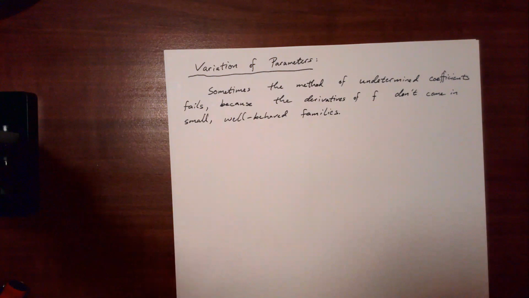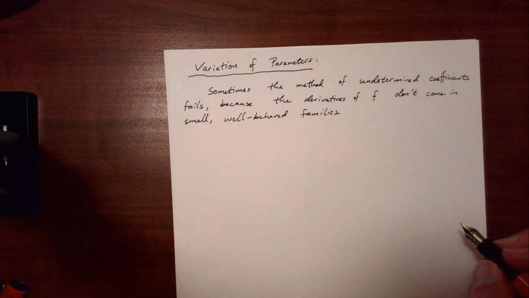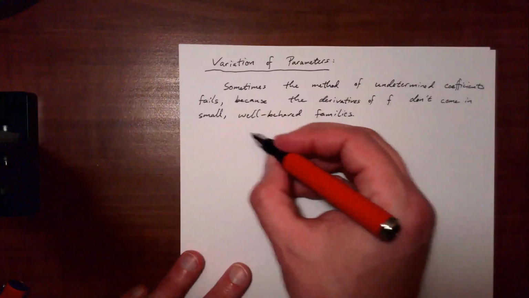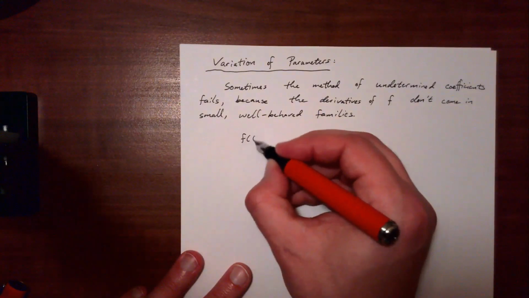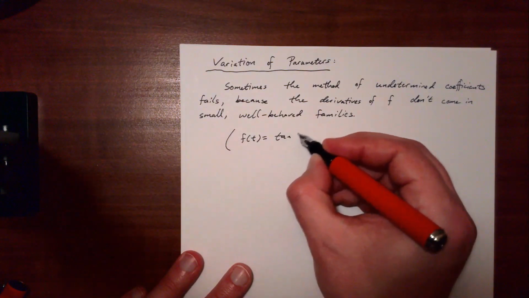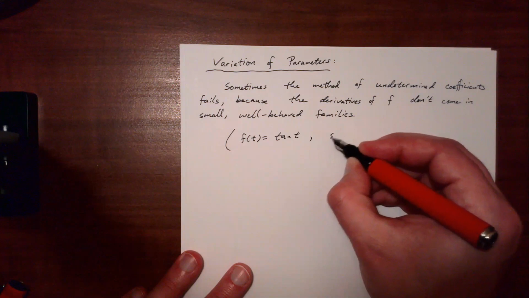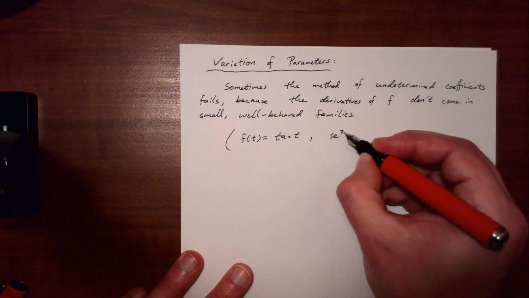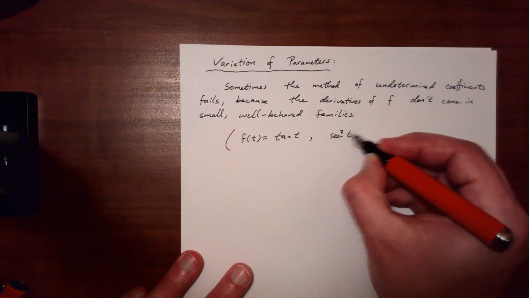So in particular, the kinds of things that get us into trouble here are things like tangent or cosecant or things of that sort. So f of t equals tangent of t, secant squared of t, things like that.